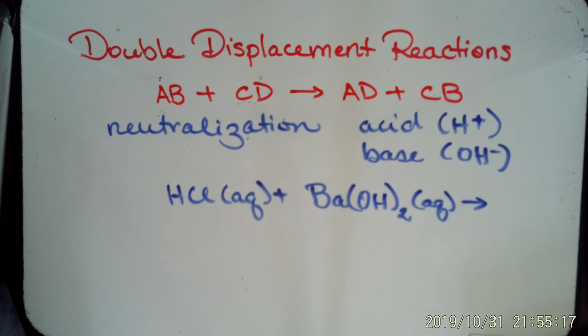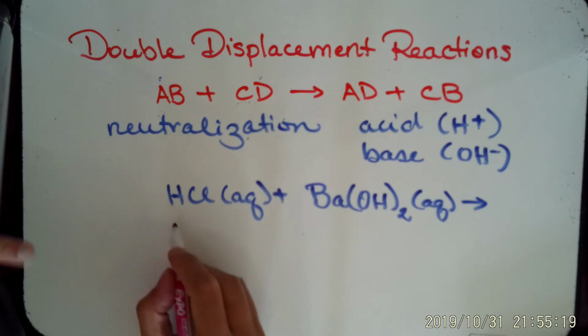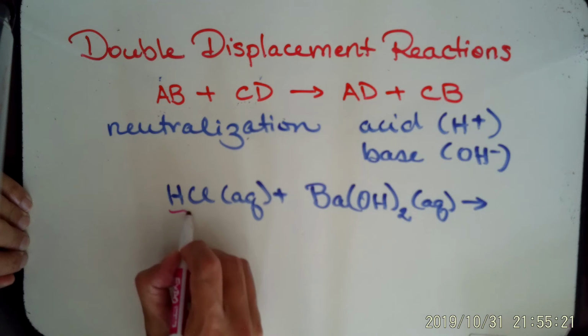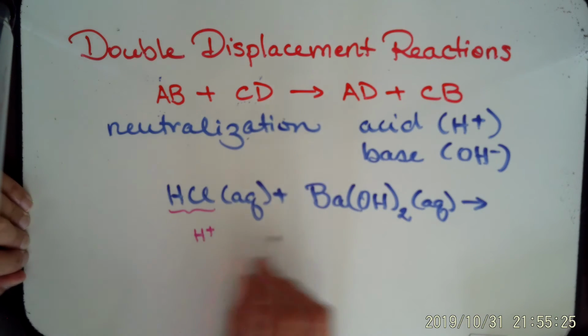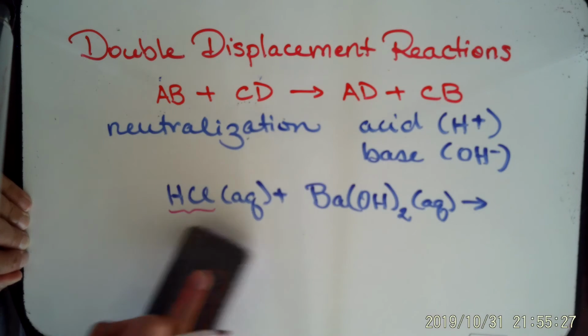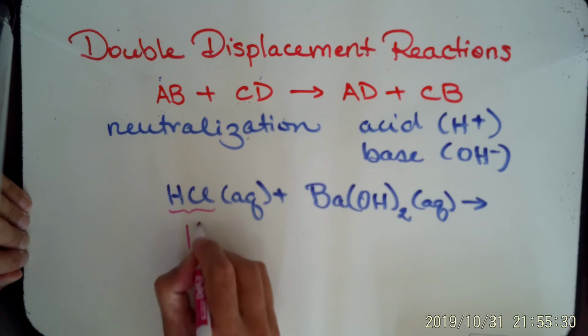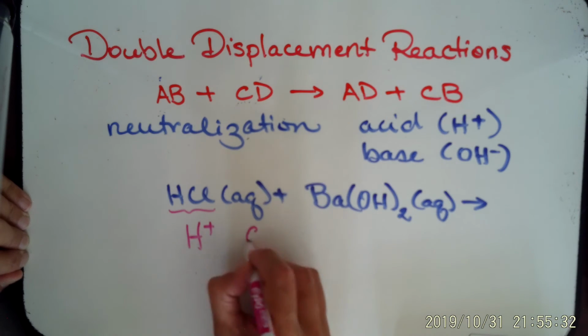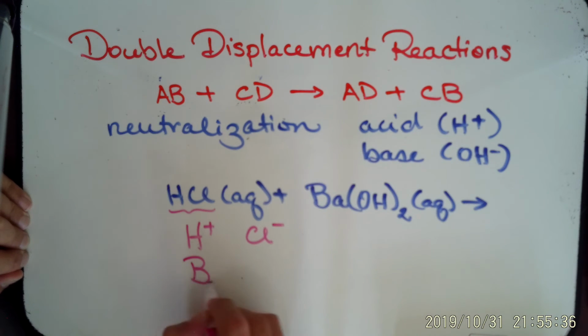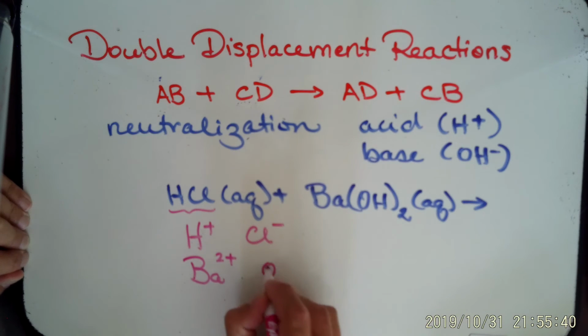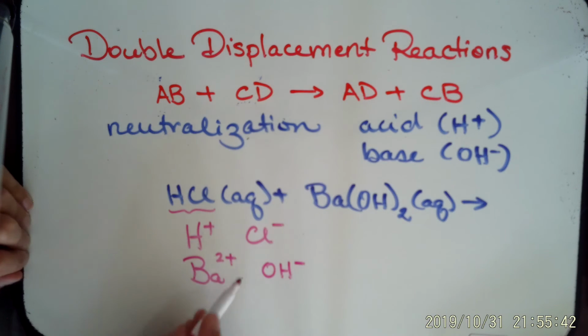I'm going to go ahead and do my crisscross. Hydrochloric acid, remember this is an acid, so you're going to get H plus and Cl minus. Barium hydroxide, the barium ion is Ba2 plus. The hydroxide ion is OH minus.